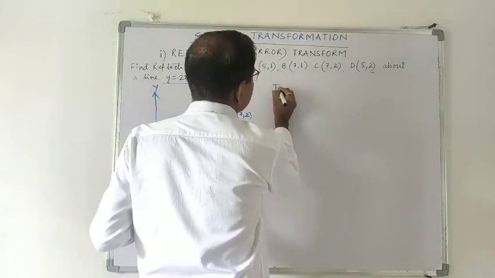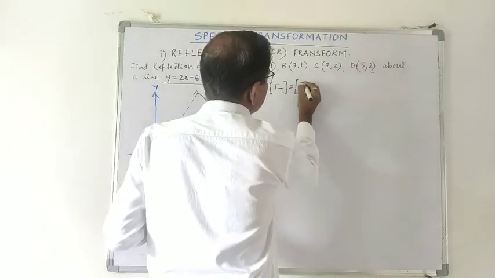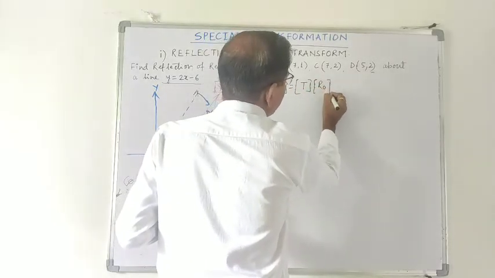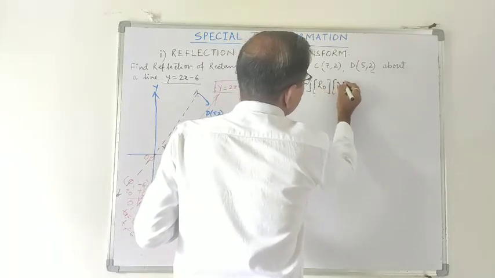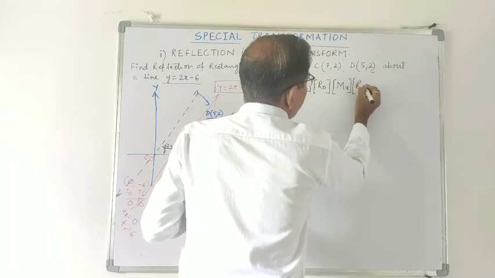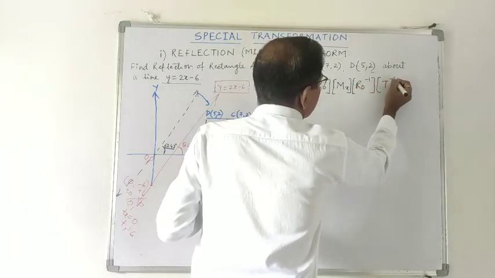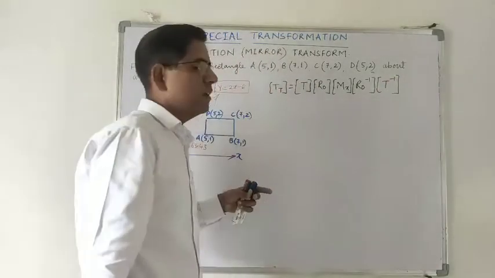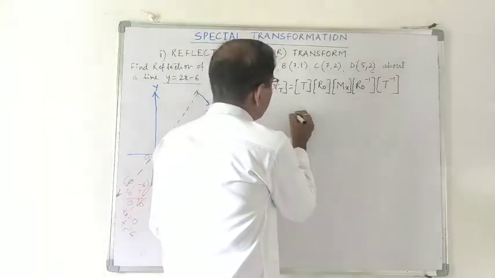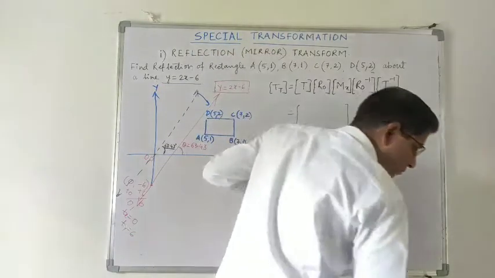Our first one was translation, second one was rotation about origin, third one was reflection about x-axis, fourth one was back rotation, and fifth one was back translation. So you multiply all the 5 matrices to obtain the total transformation matrix.